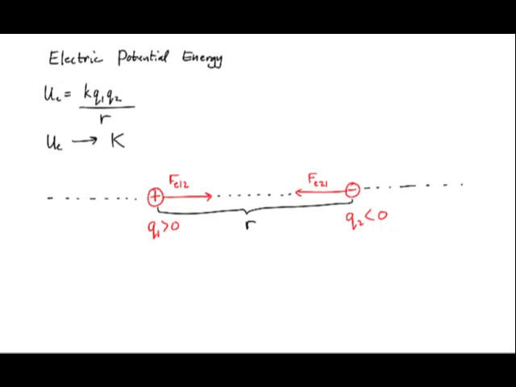In this diagram, you see that we have these two opposite charges, and so two opposite charges attract, and if we were to let these two objects go, they would be attracted to each other, and if they started off with an initial speed of 0, after a short period of time, these two charges would have a speed of greater than 0.